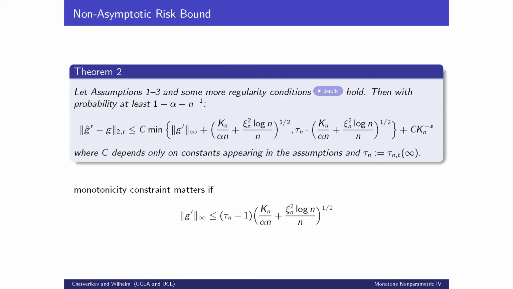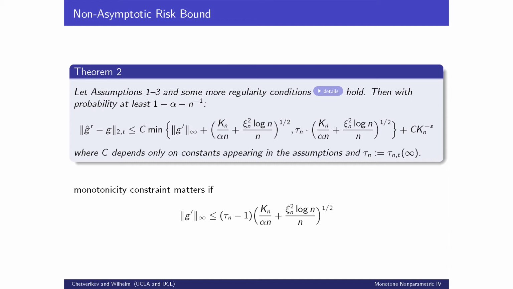So what are these two regimes? What's really different between the two is that here shows up the maximum value, this maximum norm. It's just the maximum value of the derivative of g. So the derivative here is going to determine which of the two regimes the bound is in.